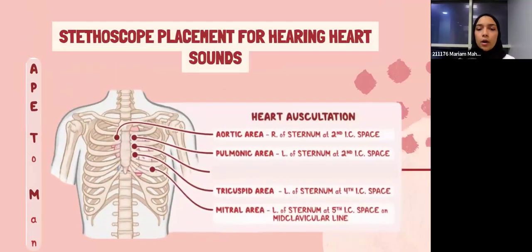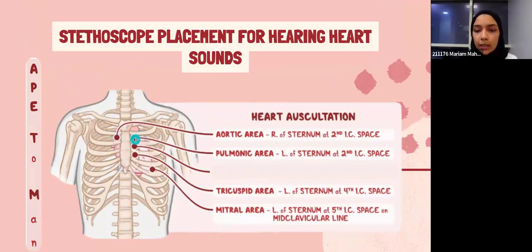Okay, so what's good about these valves is that there are places on the chest where you can best hear them. So you can see that here, the aortic area is on the right side of the sternum in the second intercostal space. You can hear the aortic valve best here.